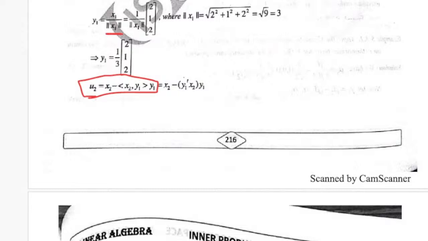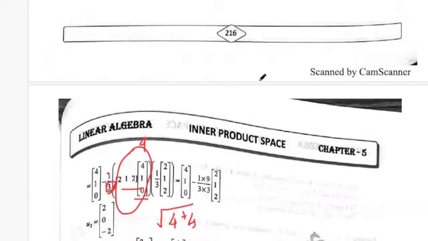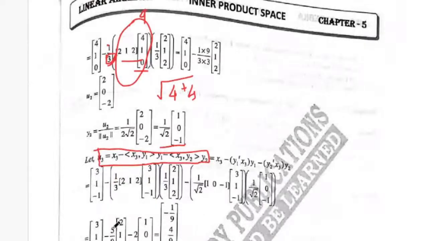We'll get 3 into 2 is 6, plus 1 into 1 is 1, plus 2 into minus 1 is minus 2, divided by 3. 7 minus 2 is 5, so it will be 5 by 3. So the inner product of x3 comma y1 is 5 by 3. And y1 is 1 by 3 into (2, 1, 2), which becomes 5 by 9 into (2, 1, 2).